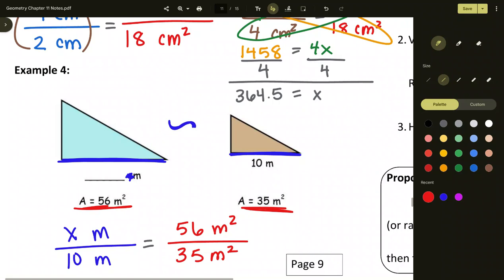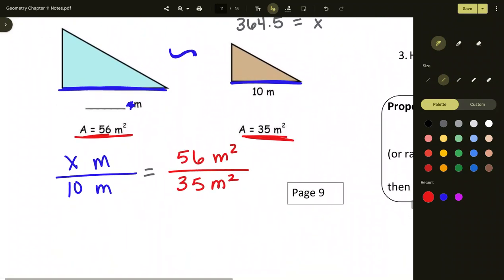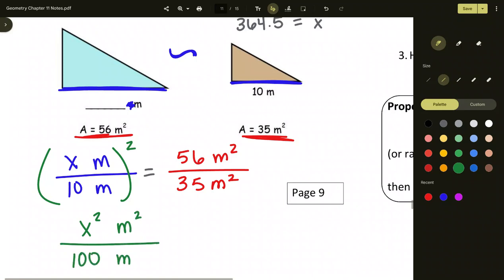But those are not perfect square numbers, and so it's going to come out to be kind of some ugly decimals. So instead, I'm just going to continue with that pattern and say, I'm going to square everything. So square it. This would give me x squared meters squared over 100 meters squared is equal to 56 meters squared over 35 meters squared. They're all in meters squared, so we can cross multiply.